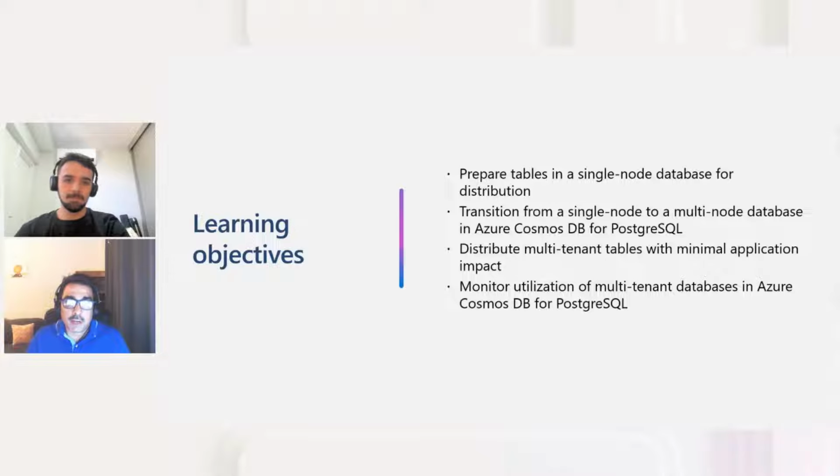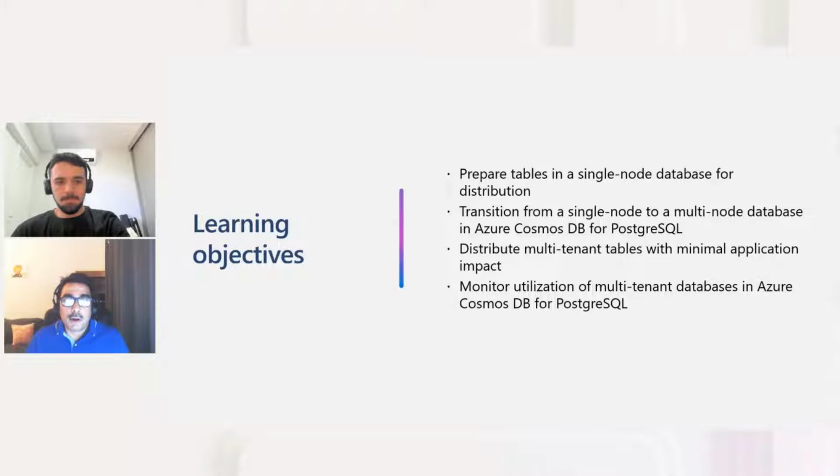We're going to be covering how we prepare our tables to move from single node to distributed tables, and how we distribute our tables. What should be the criteria? What should we consider before we start distributing those tables?